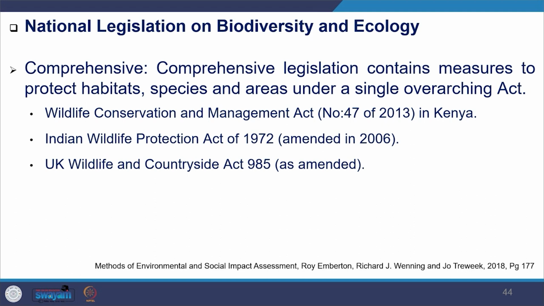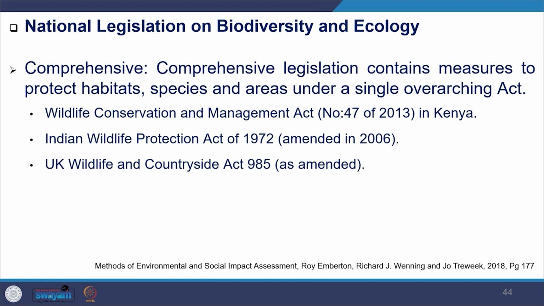For example, in the UK you have the Conservation of Habitats and Species Regulations 2010, which follows from the EC directives on conservation of natural habitats and wild fauna and flora. And then you also see national legislation on biodiversity and ecology can be either comprehensive or specific as well.